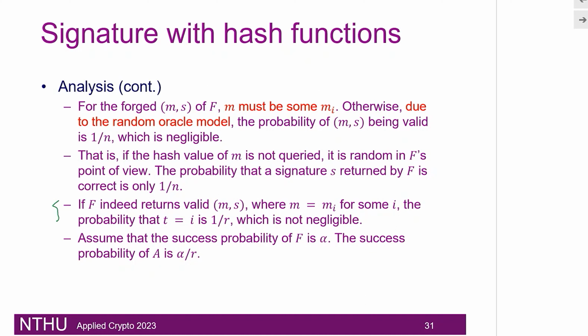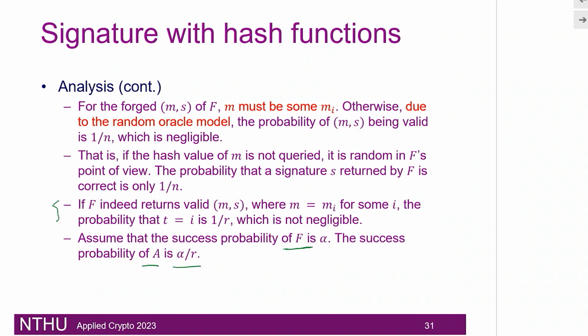That is the first thing by our construction. The second thing is that suppose the winning probability of the forger itself is alpha. So the forger F wouldn't win all the time, but with some probability alpha from 0 to 1, he would be able to solve every interaction. Then that means that the success probability of the algorithm A is alpha over r.